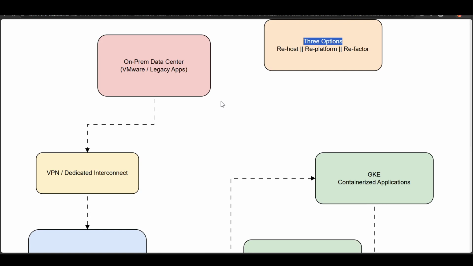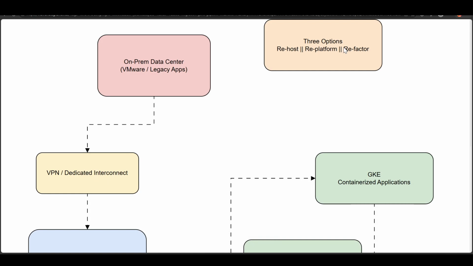Likewise, we take all the applications and messaging services and move them from the existing legacy environment to native services on Google Cloud. This is where re-platforming comes into the picture, where the developer needs to look into that and work out options which we can use. The next one is refactoring.